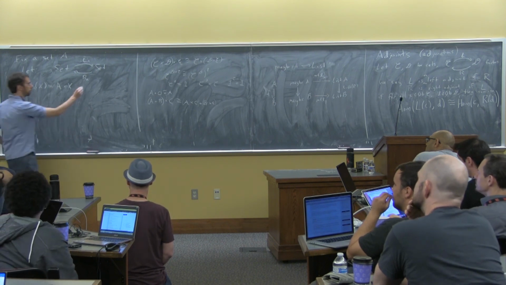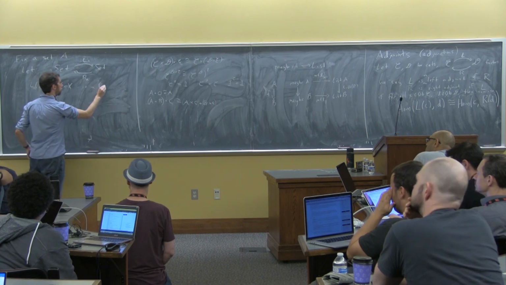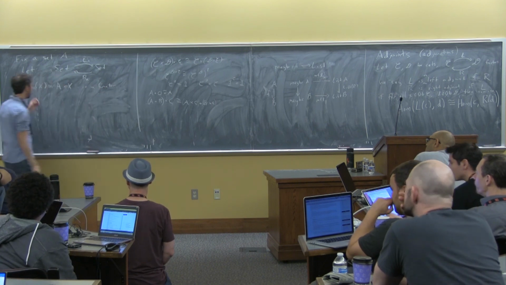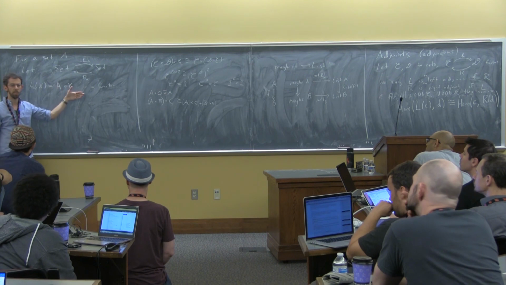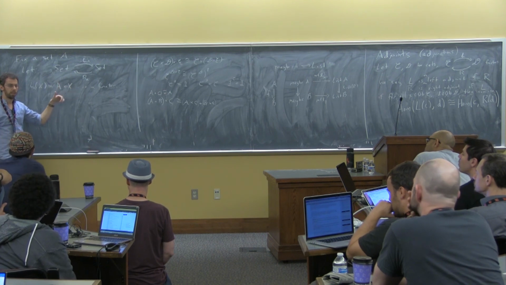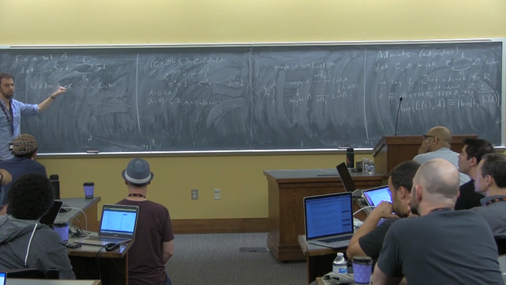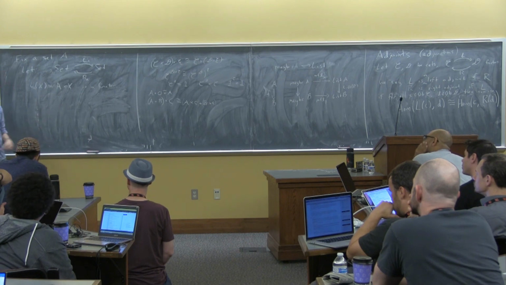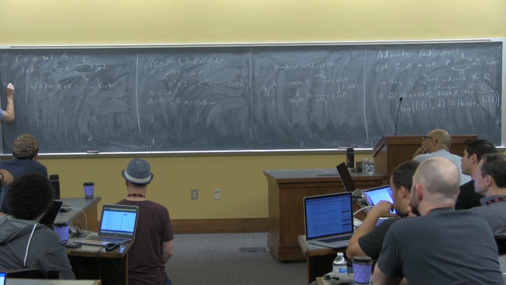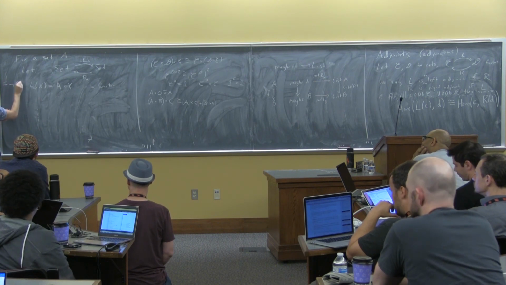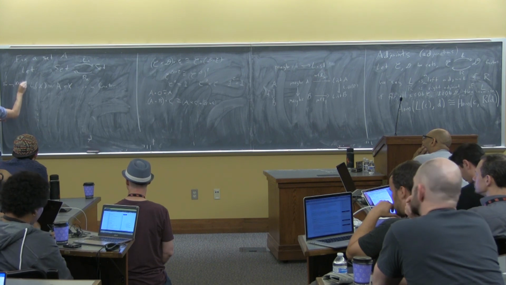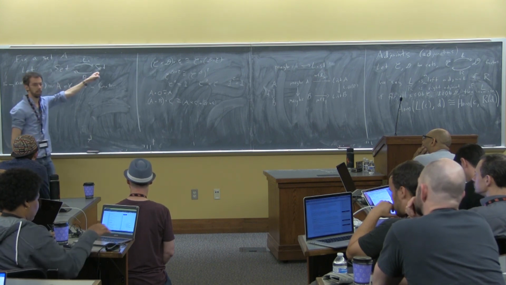This is a functor. Why? Because it takes any type and returns A times that type, and it has a map: if I had a map X to Y, I'd get a map A times X to A times Y. What's the X in this? X is in ob Set. So take any set, return a set.